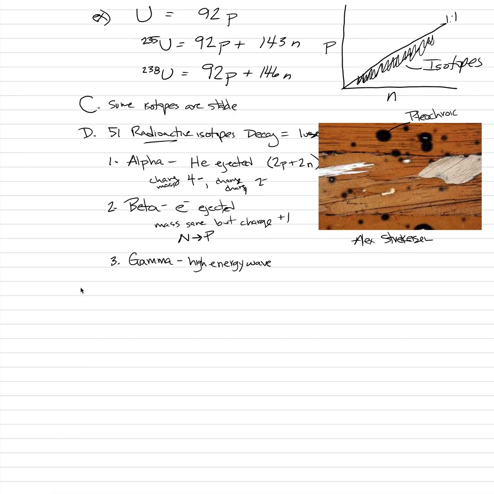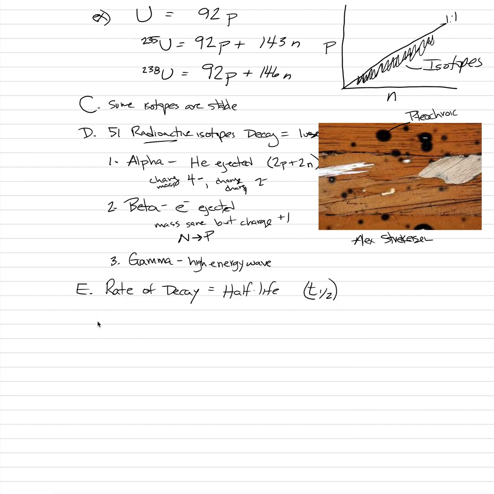Now, the next part we need to talk about is how fast this decay occurs. When we talk about the rate of decay, we usually use half-life as the phrase. Sometimes the symbol for half-life is T to the 1/2.